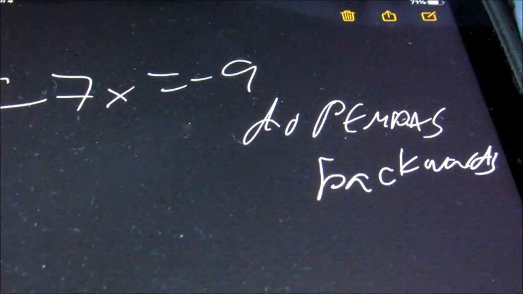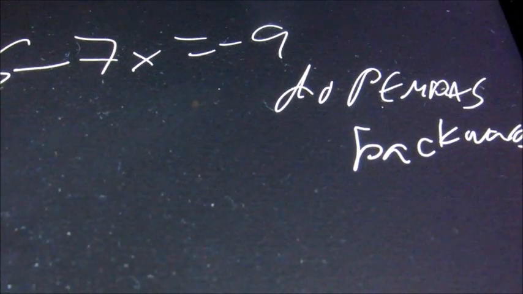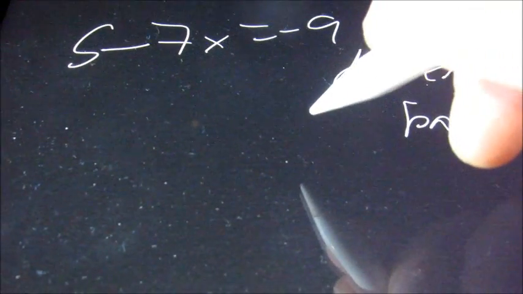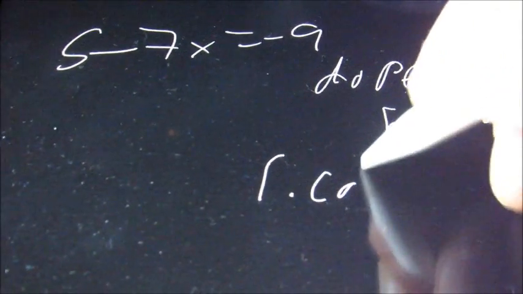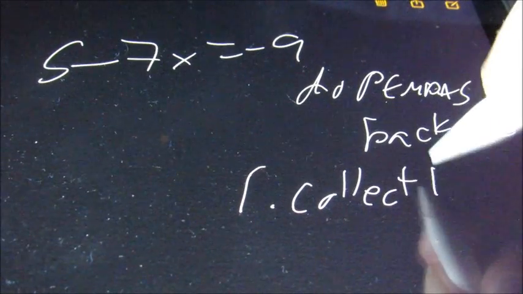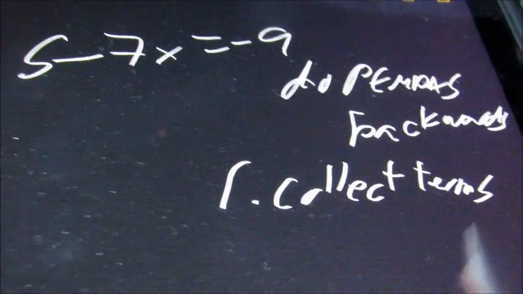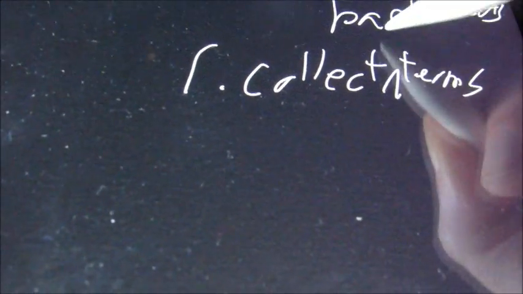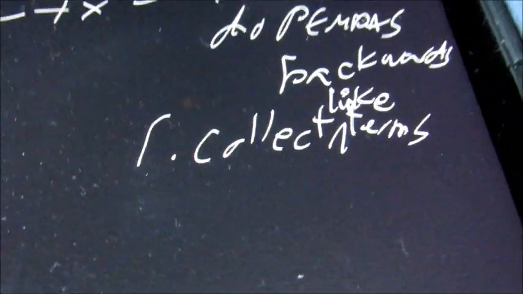So now we're going to do the adding and subtracting first. But what we're going to do first always is collect like terms on each side of the equal sign.